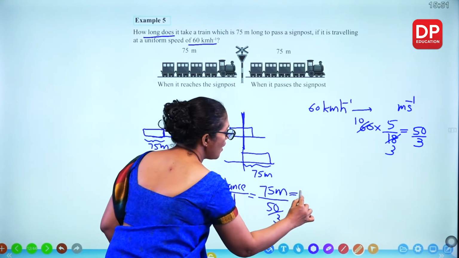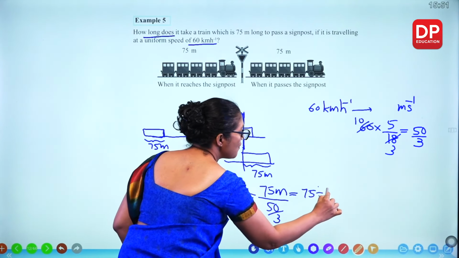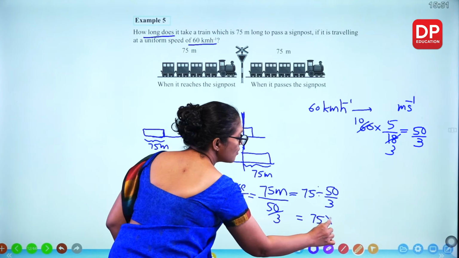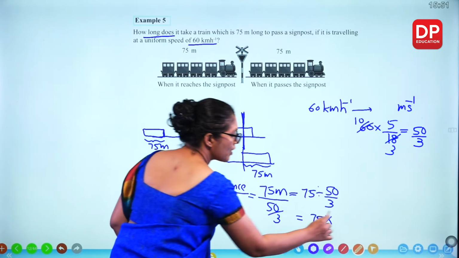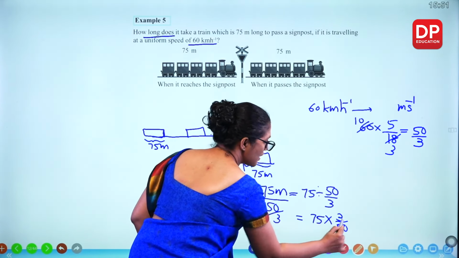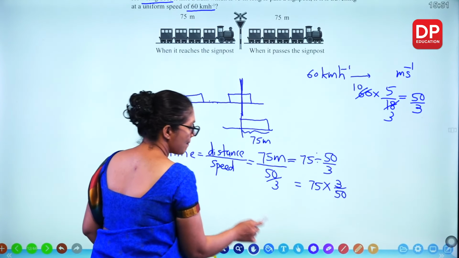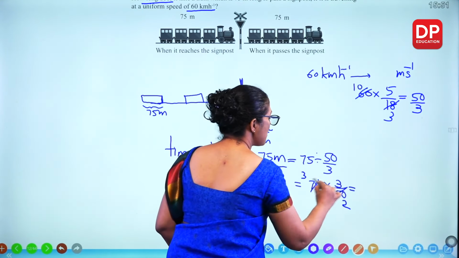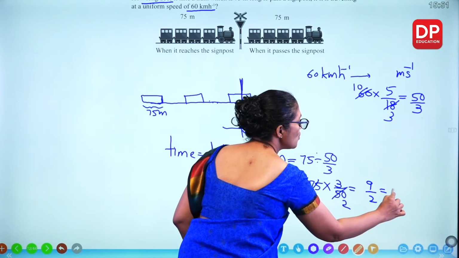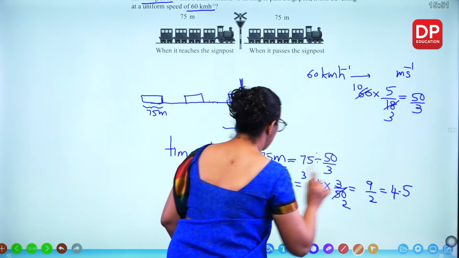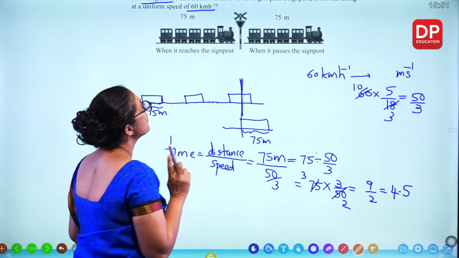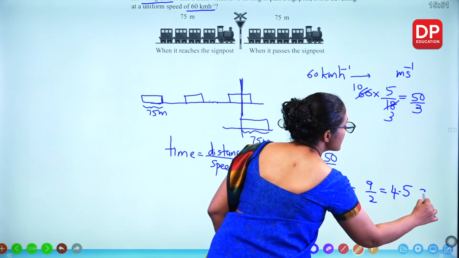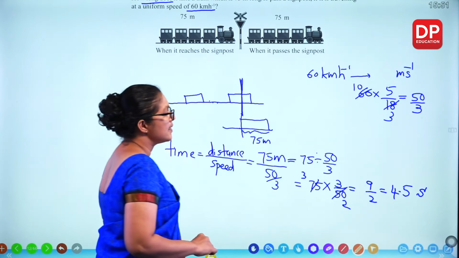So we'll do it the other way around. 75 divided by 50 over 3, or you can convert to multiplication by taking the reciprocal, 3 over 50. Now simplify. What do you get? 25 times 2, 25 times 3. 3 times 3, 9. 9 divided by 2, you get 4.5. So this is about time. So what's the unit? 4.5 seconds is the answer.